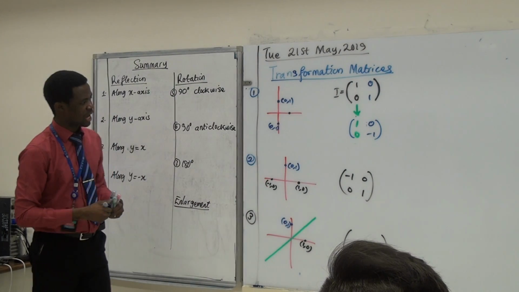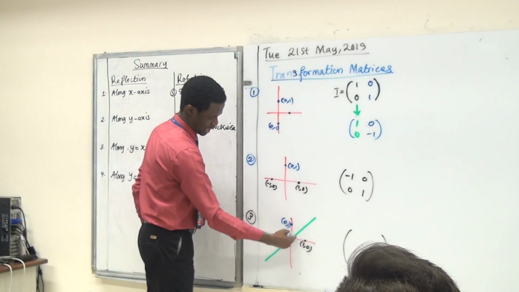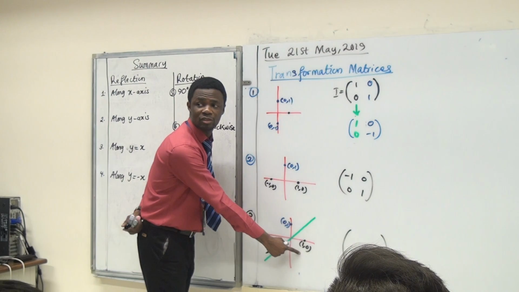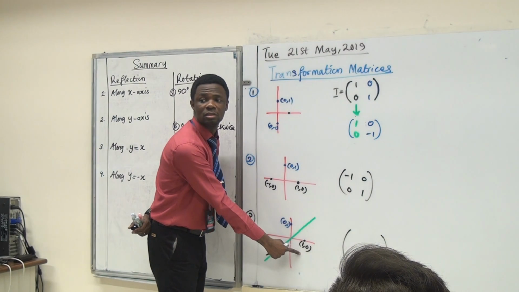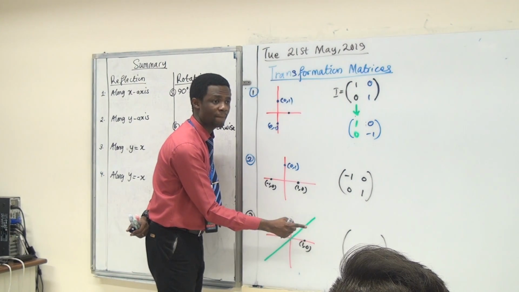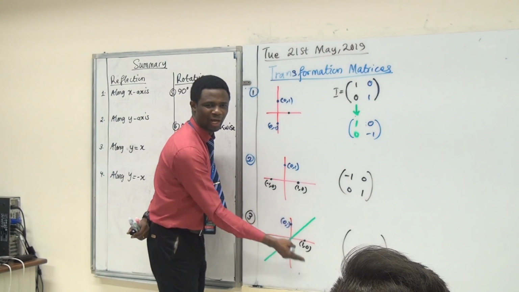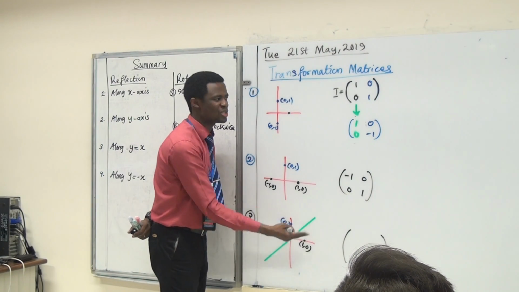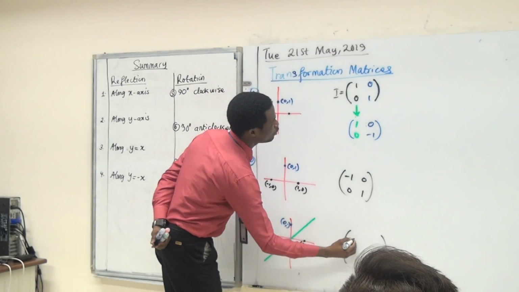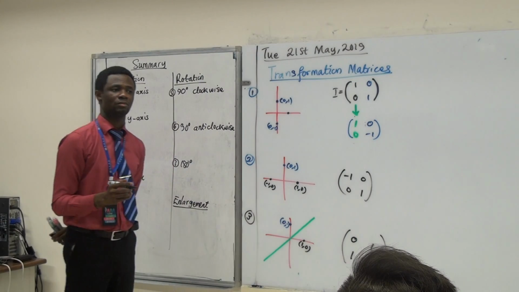If you reflect along y equals x, because the first column is this black one, what happens to this point? Raise your hand, I need a response now. It switches with the other one. Again, 1, 0 switches with 0, 1, so they kind of interchange. Which means your identity matrix will have its columns interchanged. And that will be what? 0, 1 here, 1, 0 here.